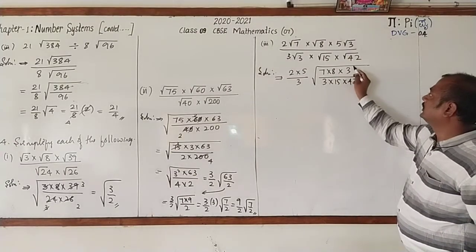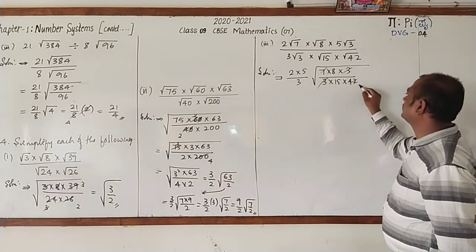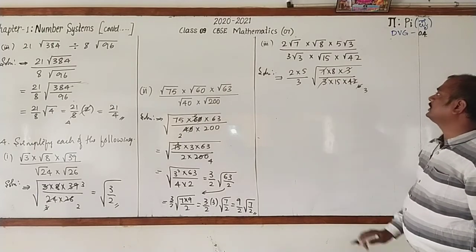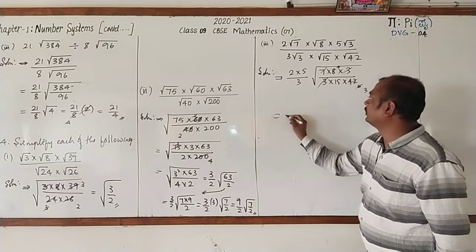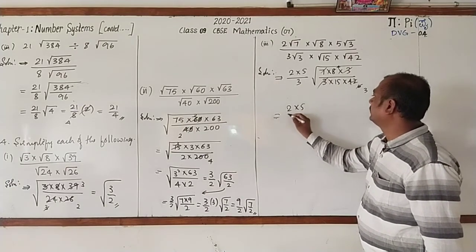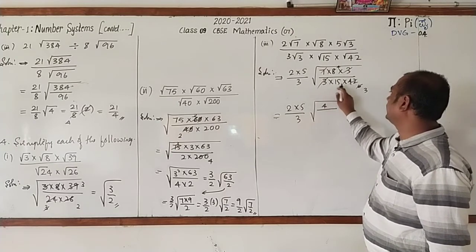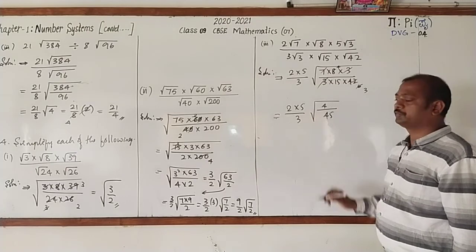It's equal to, see, 3 gets cancelled. 7 ones are 7, 7 6s are 42, 2 3s are 6, 2 4s are 8. It is equal to 2 into 5 by 3, square root of 4 will remain, divided by 15, 3s are 45.